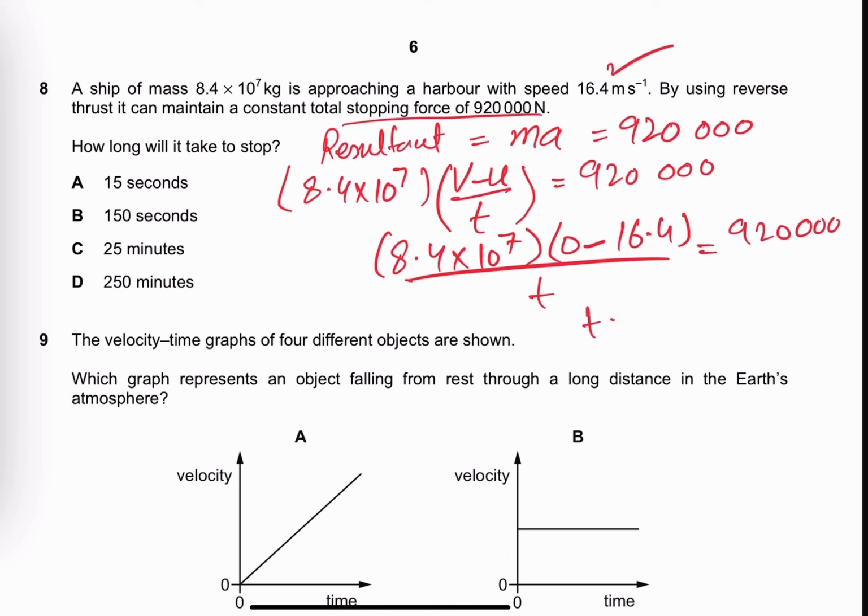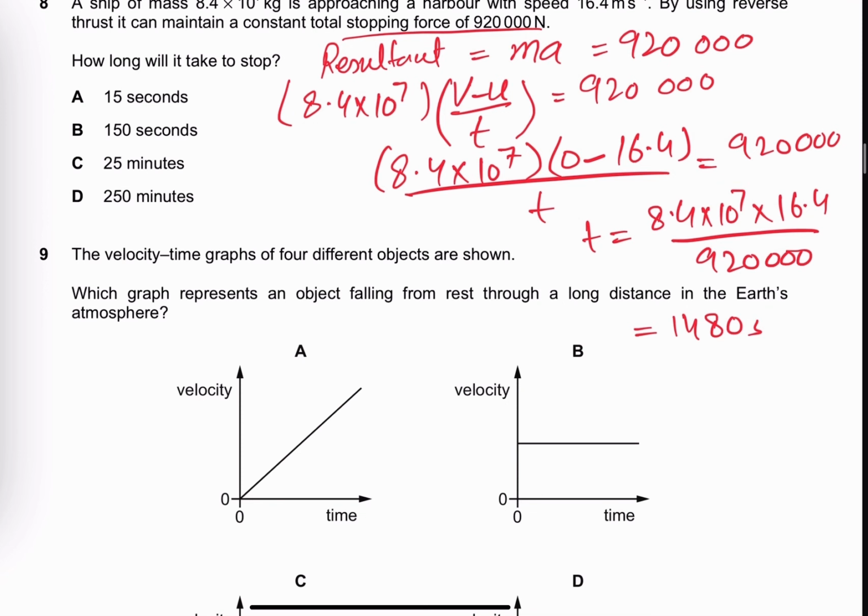Okay, so t will be equal to 8.4 into 10 raised to power 7 into 16.4 divided by 920. It will give you the answer 1480 seconds. Okay, so no option is matching this one, so we can convert it into minutes.